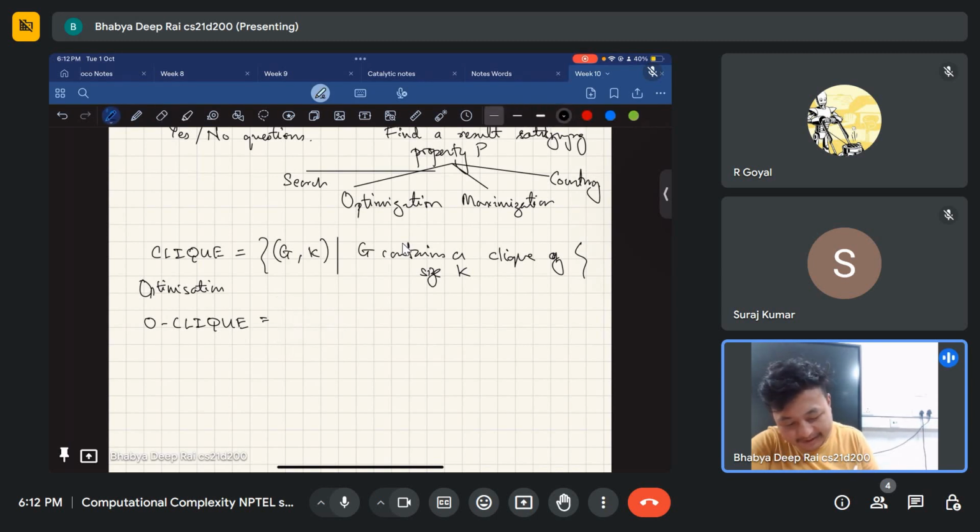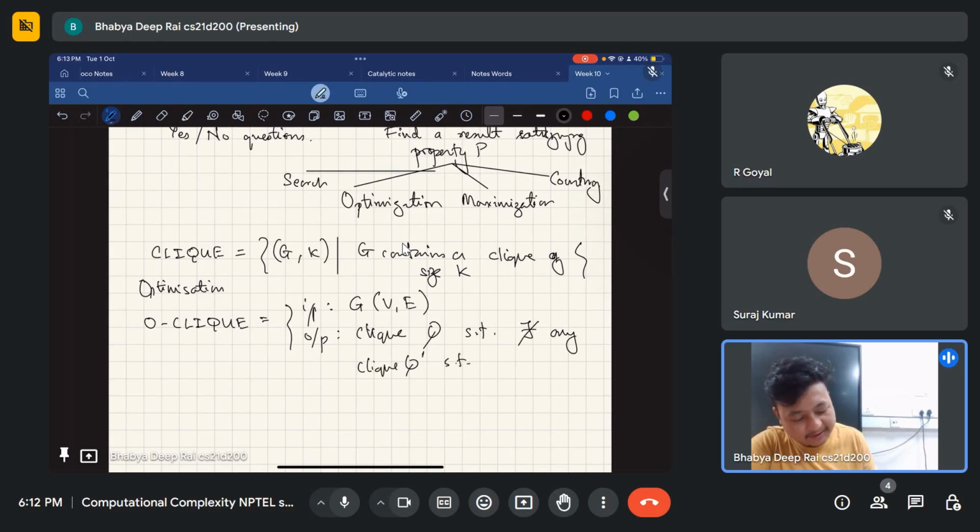I need to say something like: input is a graph G and output is a clique Q such that there does not exist any Q prime such that Q prime is larger than the size of Q. Right? Okay, so this is the optimization version.